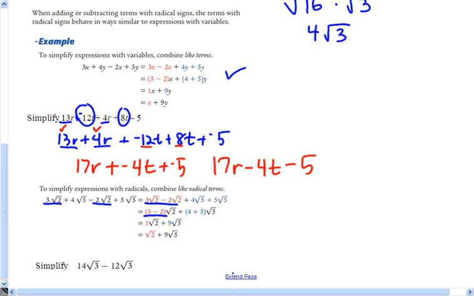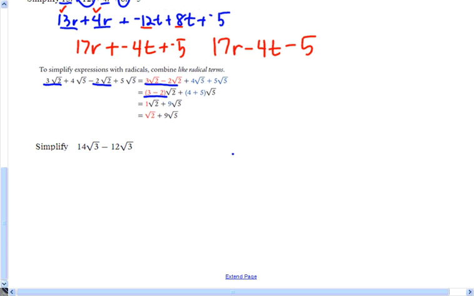So I'll do one with you here. Can we simplify these? We can, because we have the exact same thing being multiplied by both of them. So I can write this using the distributive property as 14 minus 12 times the square root of 3. And that 14 minus 12 is just 2 times the square root of 3.